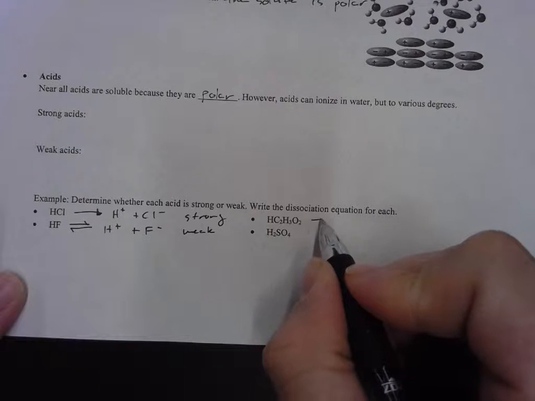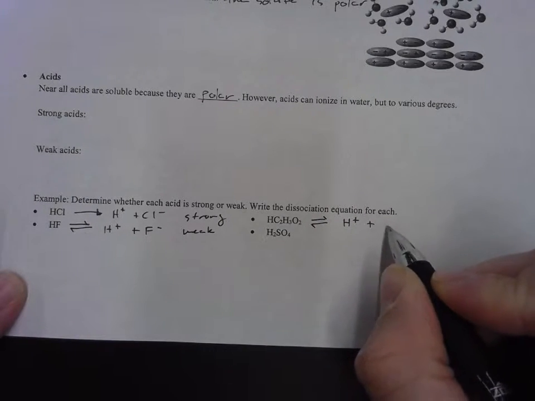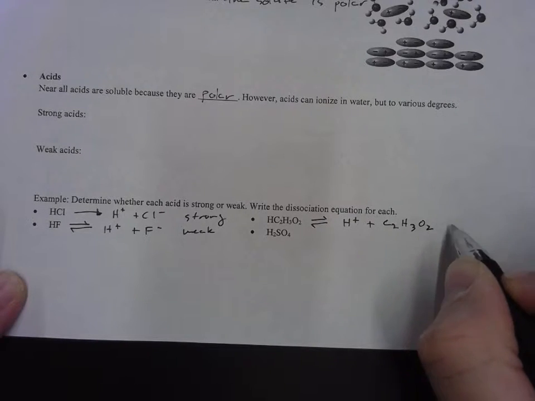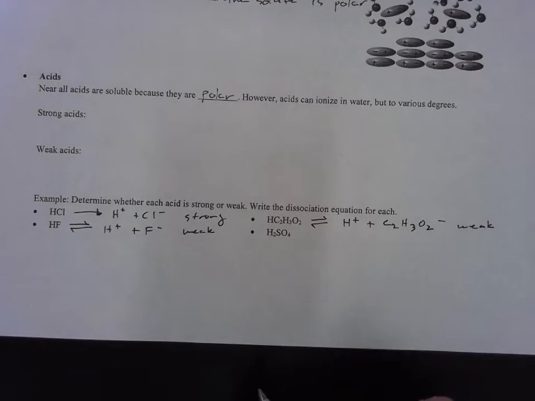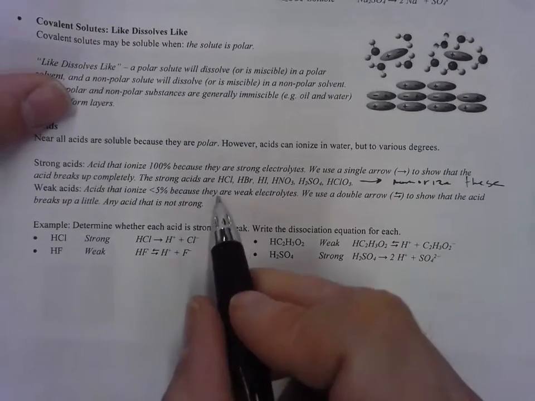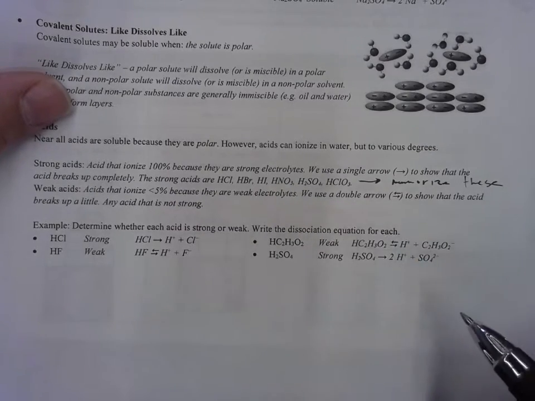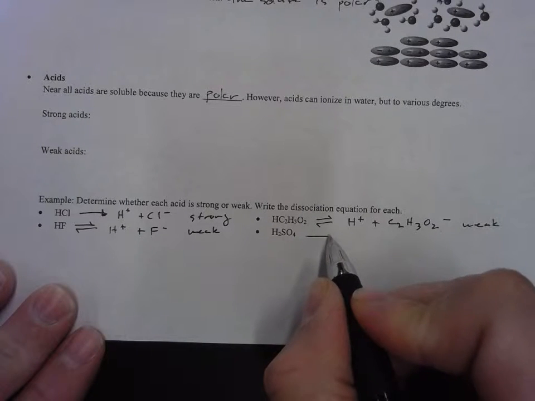HC2H3O2, which is acetic acid, we already said breaks up into H plus and the acetate anion, C2H3O2 minus, and that's weak. How do I know it's weak? These are the strong acids: HCl, HBr, HI, HNO3, H2SO4, and HClO3. H2SO4, one of my favorites, sulfuric acid.